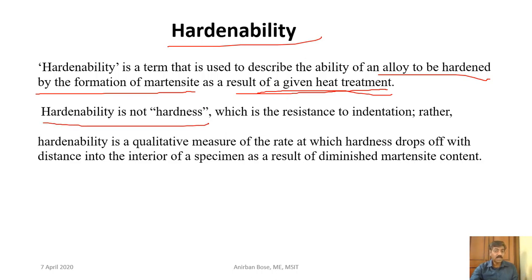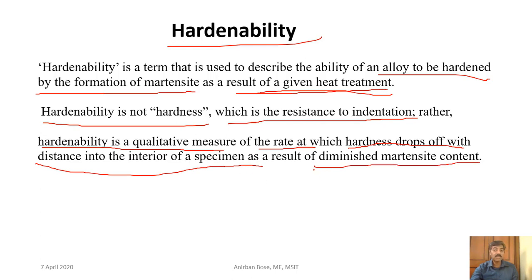So hardenability is not hardness, which is the resistance to indentation. You know the definition of hardness is resistance to indentation. Rather, hardenability is a qualitative measure of the rate at which hardness drops off with distance into the interior of the specimen as a result of diminished martensite content.